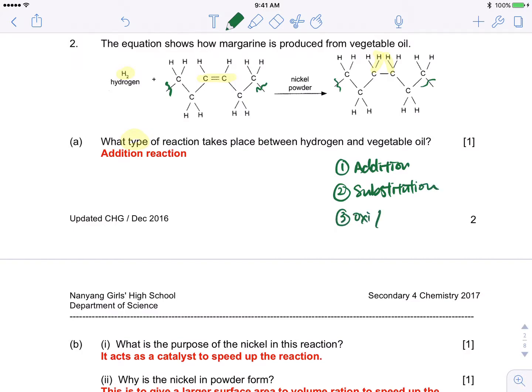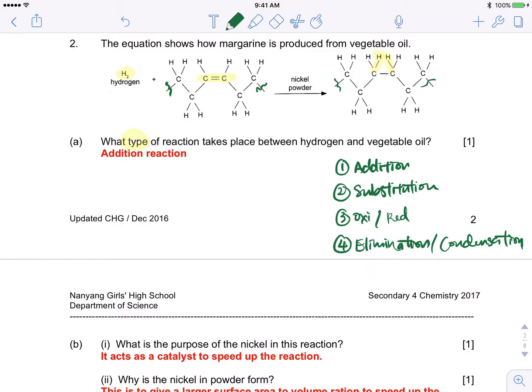Oxidation or reduction. 4. Elimination, or what we call condensation. Okay, elimination and condensation, you will learn this in esters.